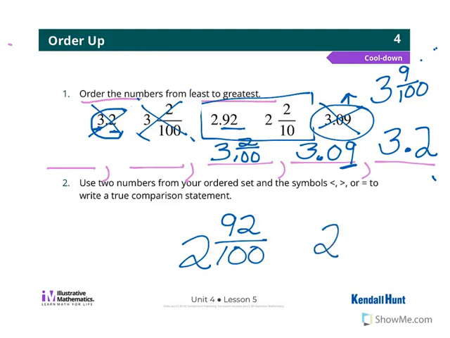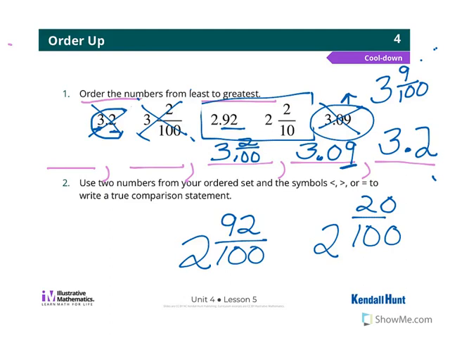2 and 2 tenths. Well, I can't compare tenths to hundredths. So I'm going to go ahead and change 2 tenths to 20 hundredths because that's what we've been practicing for a couple weeks now. And just like in our warm-up today, you should be able to do that in your head now.